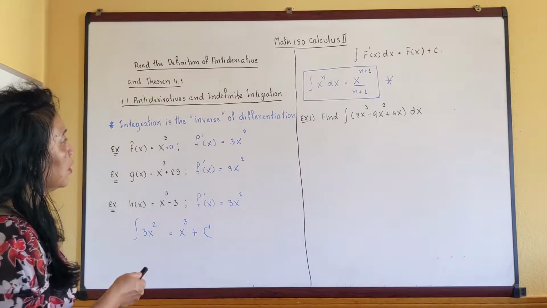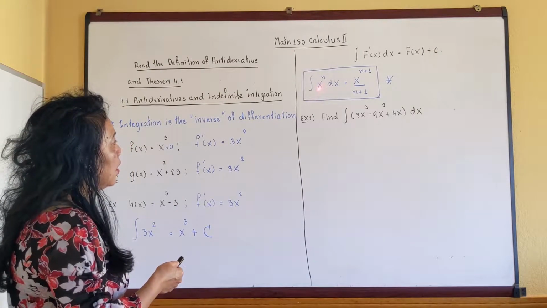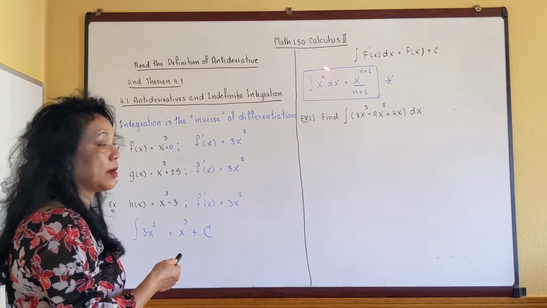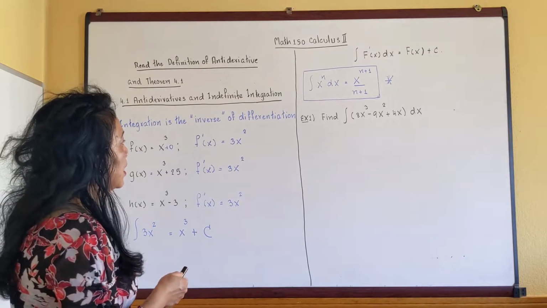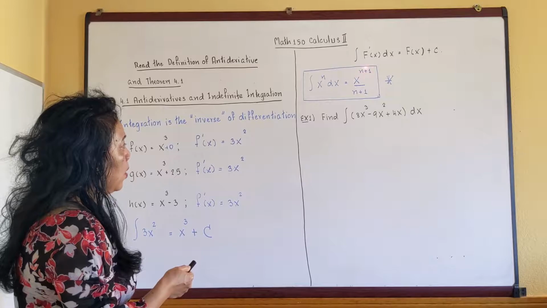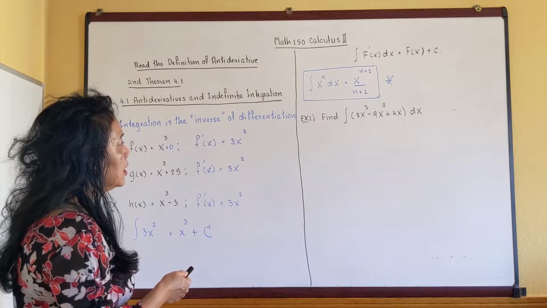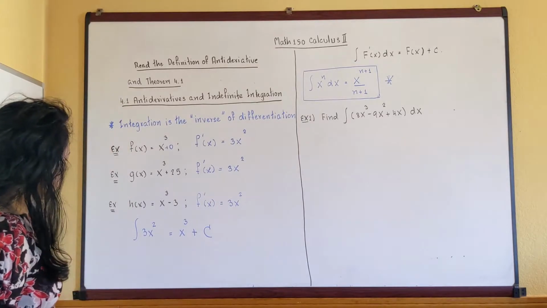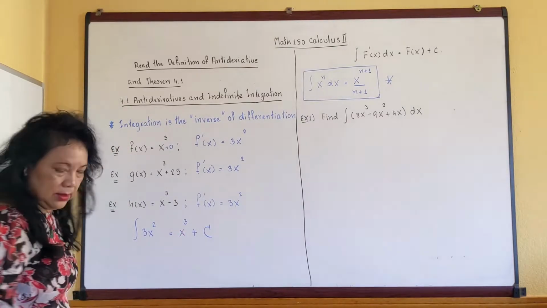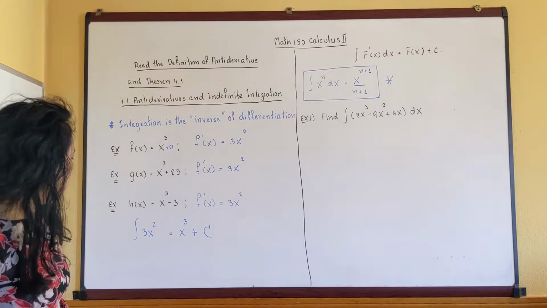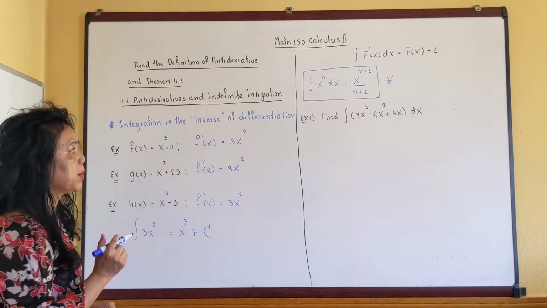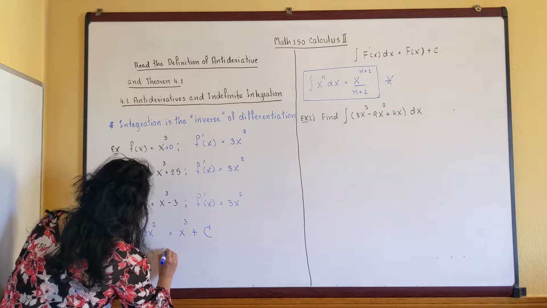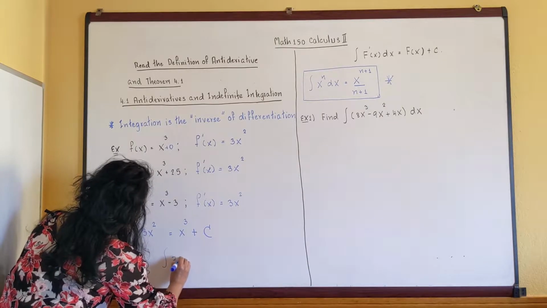So the first rule: if you take an integral of a variable raised to some power n, any power, dx, you're going to add 1 to the power and divide by n plus 1. Think about this one, I apply that formula. I have an integral of 3x squared.